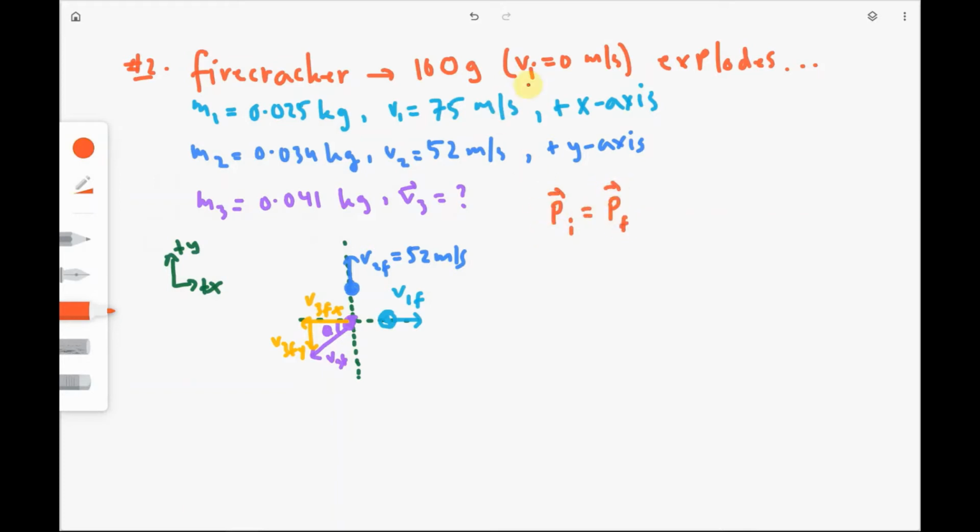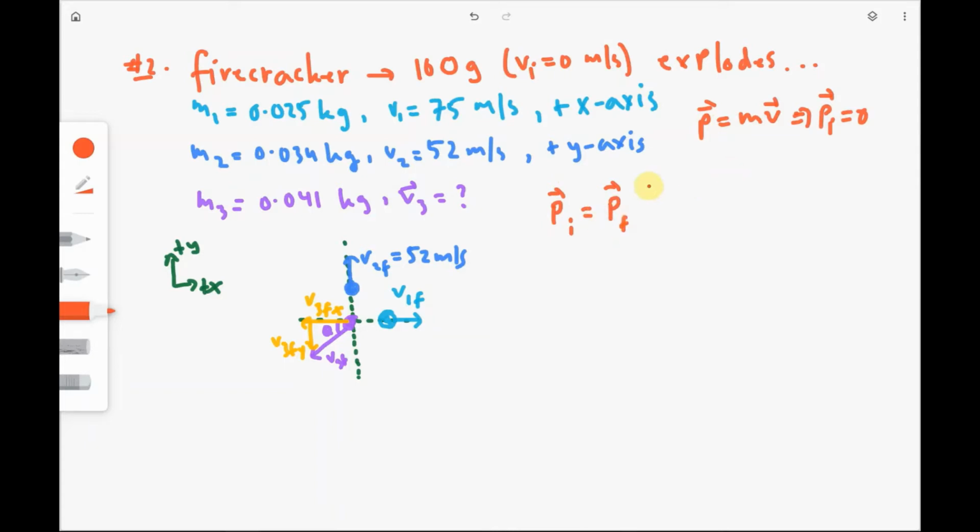Now, initially the system was at rest, and remember that momentum is nothing but P equals mass times velocity. Since initially the velocity was 0, the momentum was 0. So initially momentum Pi is 0. Since momentum initial was 0, that means momentum final would be 0.